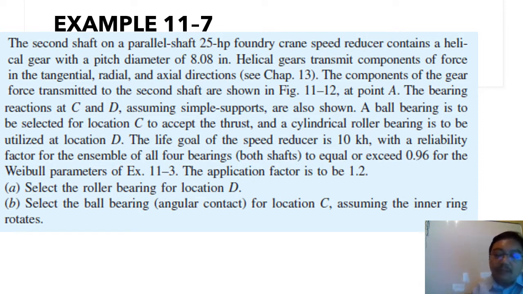You can read the whole question. It wants us to find the roller bearing for location D and the angular contact ball bearing for location C, which we will see in the next slide. Importantly, the application factor AF is given as 1.2.